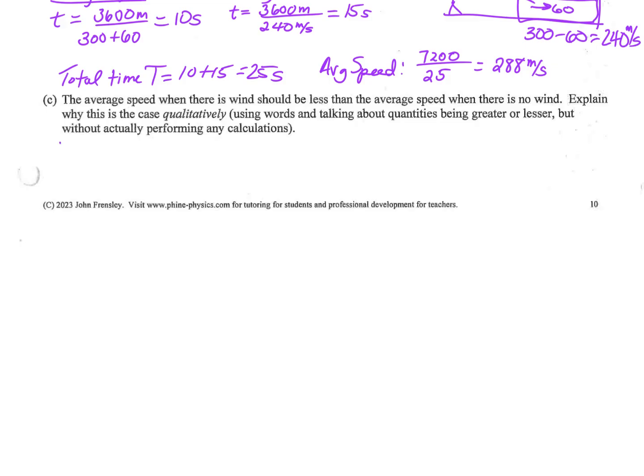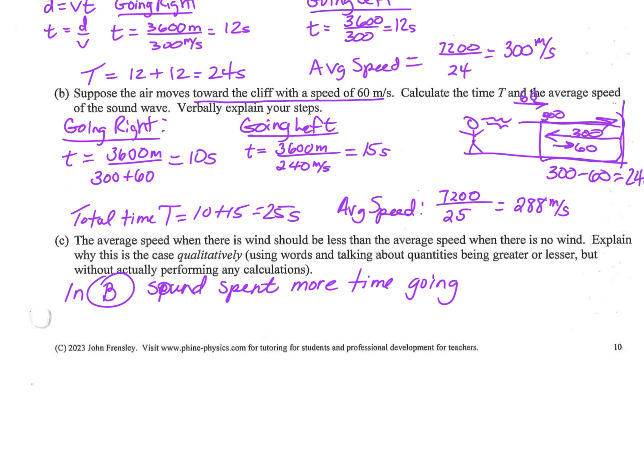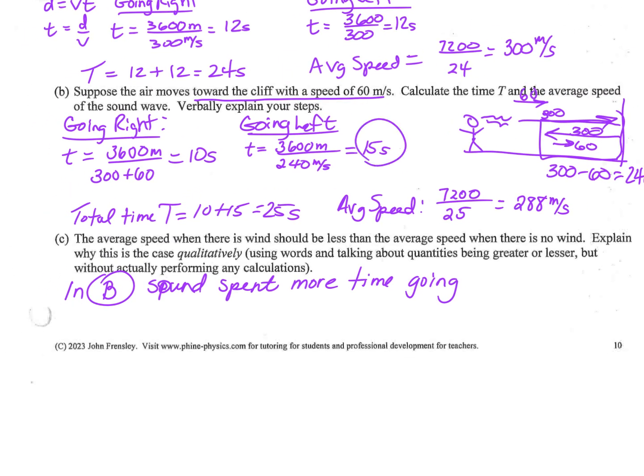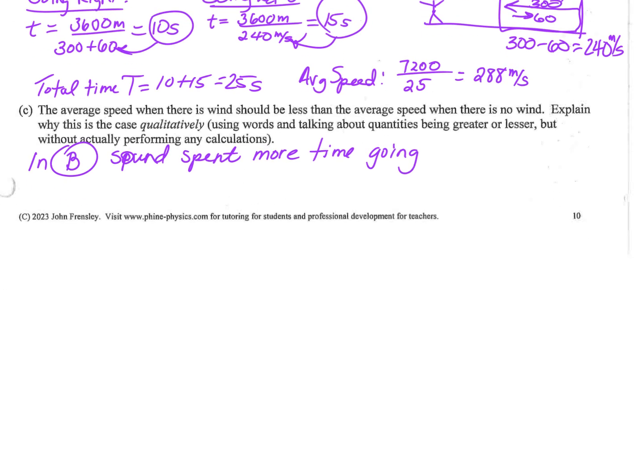So what we need to say is we know that in B, the sound spent more time going what? It spent more time going 240 meters per second than it did going 360.